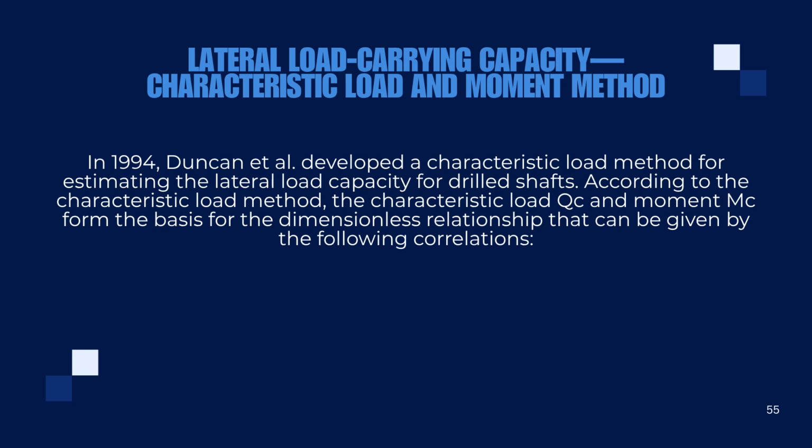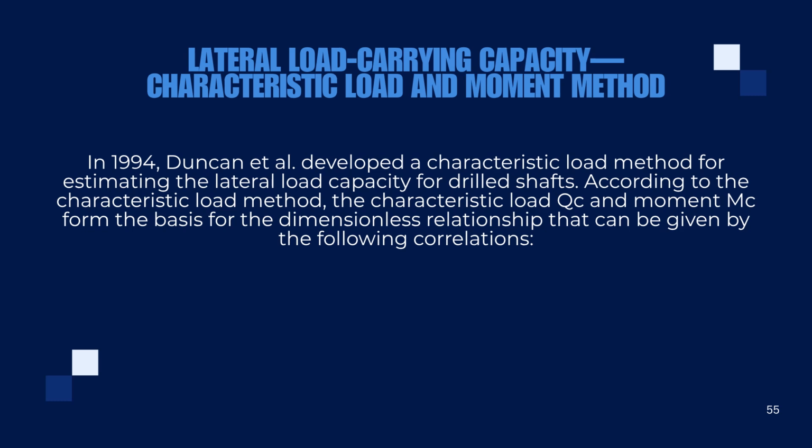Lateral load carrying capacity, characteristic load and moment method. The characteristic load and moment method, developed by Duncan et al. in 1994, is a simplified approach for estimating the lateral load capacity of drilled shafts by defining two reference parameters, the characteristic load QC and characteristic moment MC.